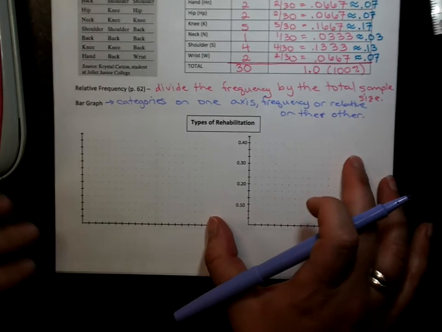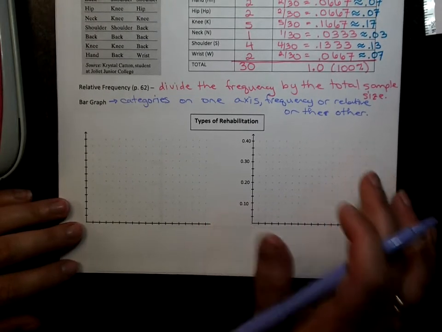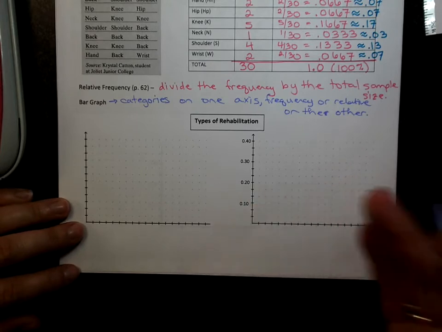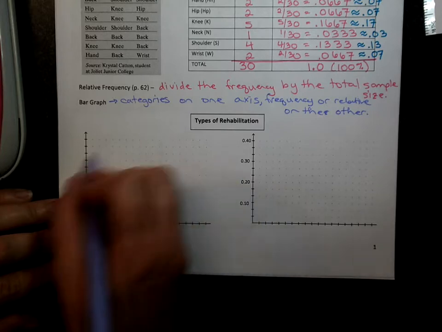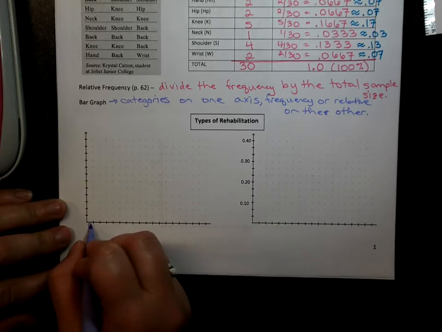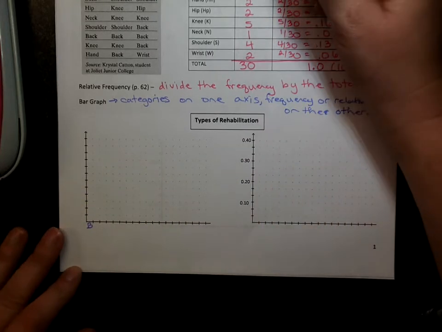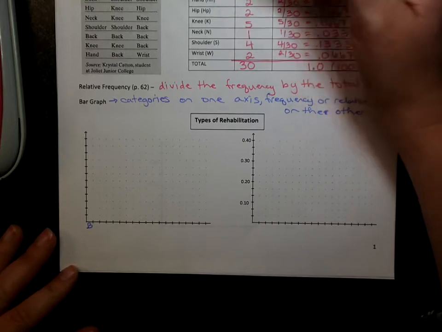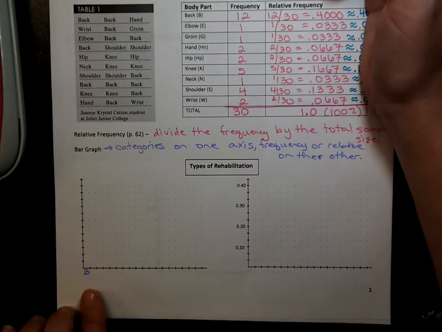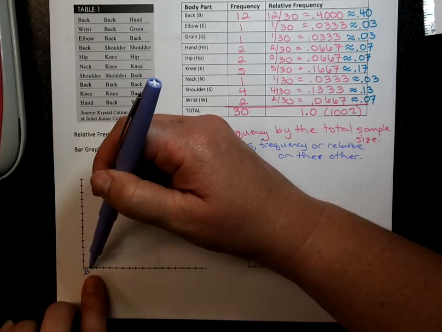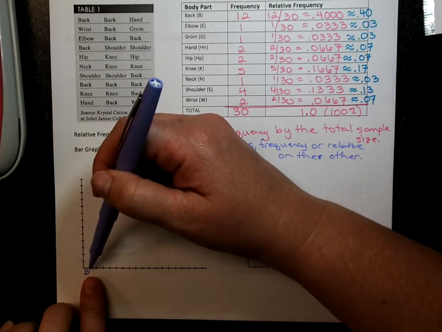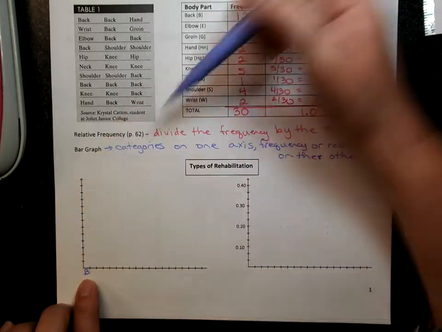The rectangles that we're going to draw are going to be of equal width, and we're going to have a space between each rectangle. So for the first graph, we're going to put the B for back. I've abbreviated each one of these with a letter or 2 to make them easier to refer to. B for back is going to go between the first and second mark. So between the corner and the first mark, we're going to put the letter B for back.